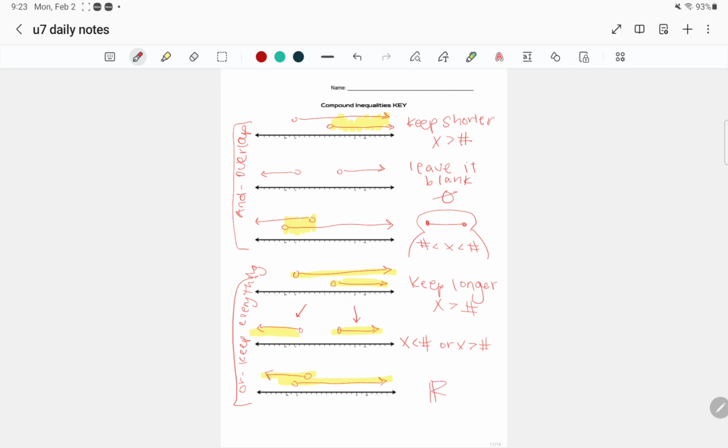And this is our all real solutions from one end of the graph to the other. And when you do this, you go from arrow to arrow. You shouldn't see any dots, any closed or open circles. It should just be green from here to here. And your inequality notation is the double barred R.